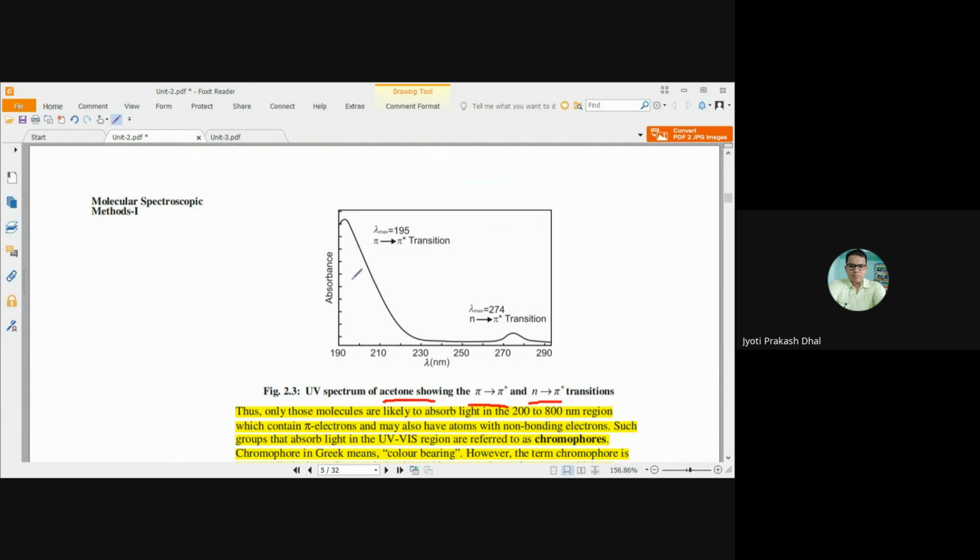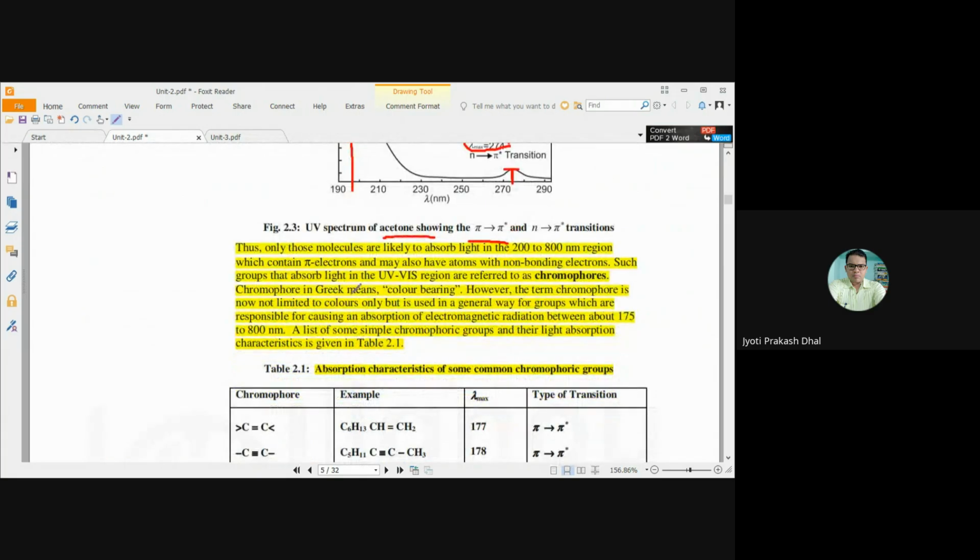The first one occurs at shorter wavelength, where the lambda max is 195 nanometer. That is due to the pi to pi star transition, and this one is intense. But the n to pi star transition occurs at longer wavelength, where the lambda max is 274, but that is less intense. Its intensity is low, but the other's intensity is high.